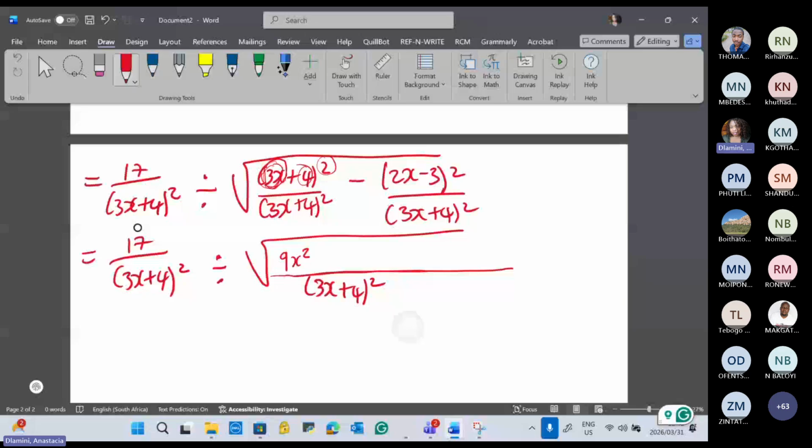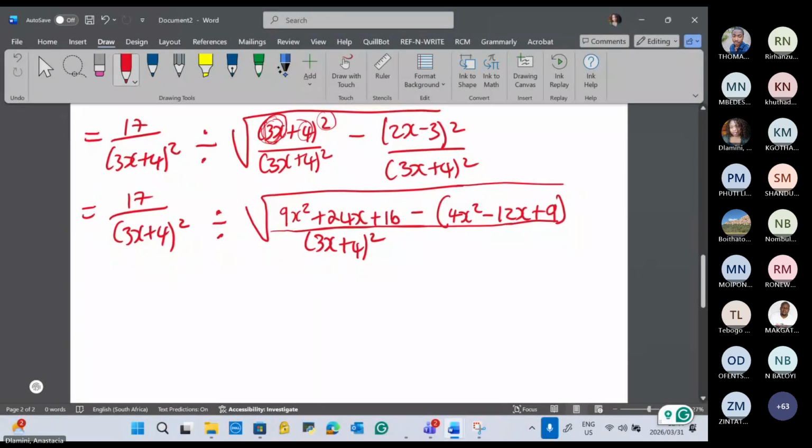Plus 24x. Plus 16. Thank you, plus 16. Minus, open bracket, 4x squared. Thank you, 4x squared. Minus 12x. Plus 9. Do you see how it becomes easier now? Thank you. So let's simplify that.